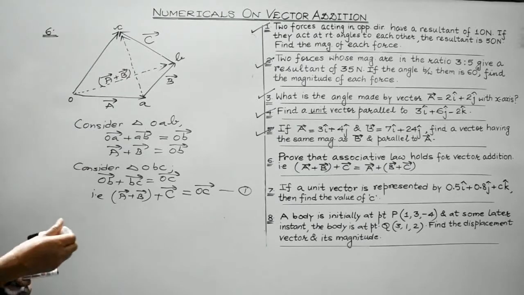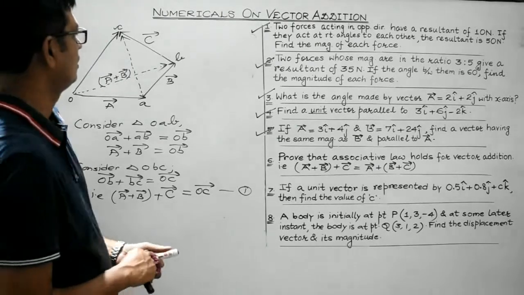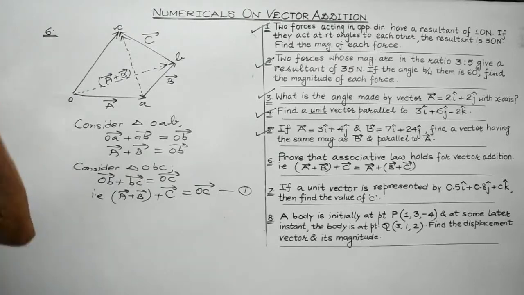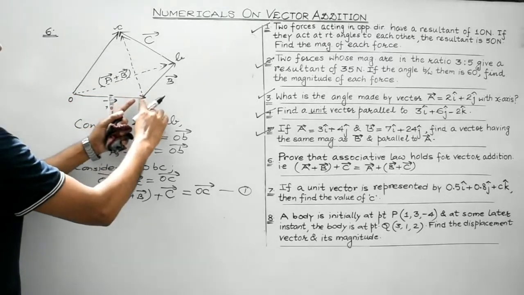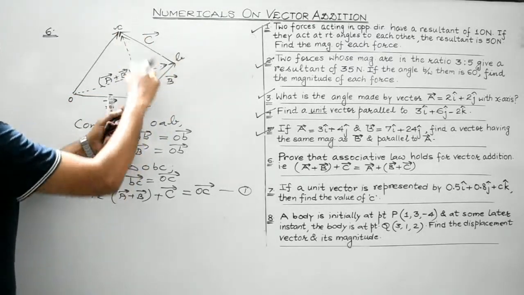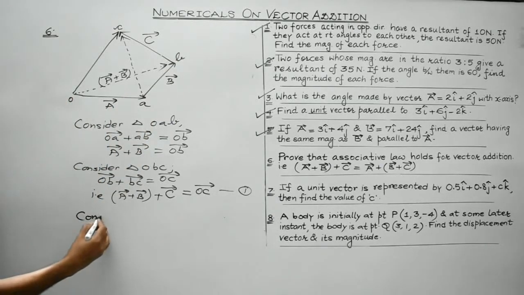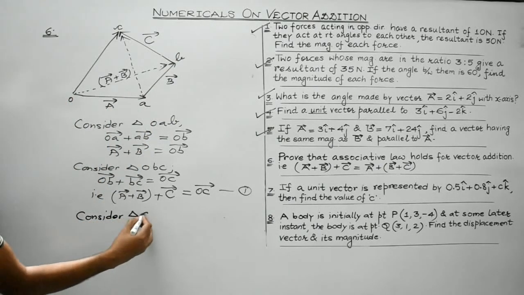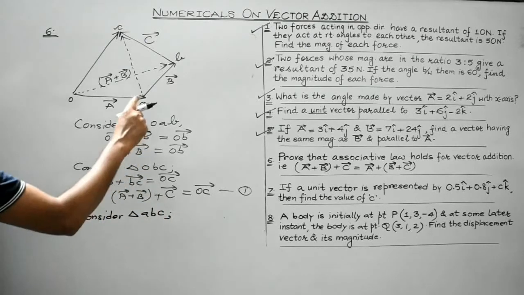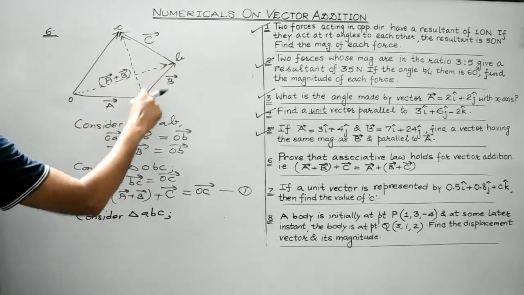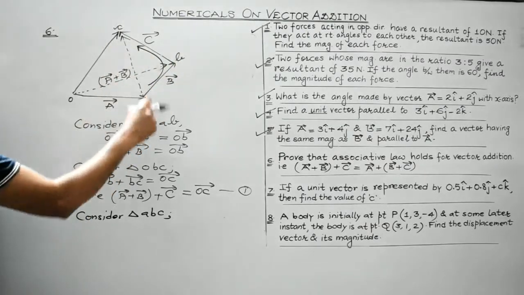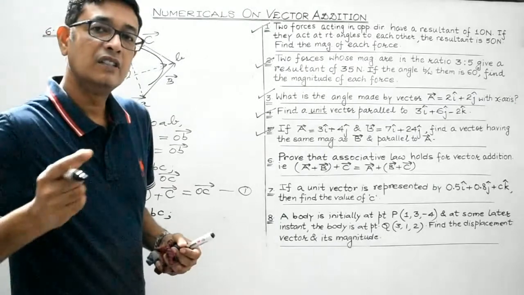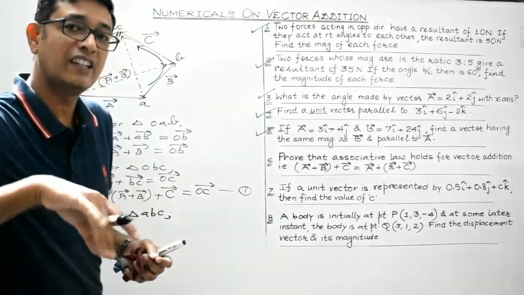Now what to do is, the same result can be obtained by considering different triangles. So we can consider this triangle as well. Now look, consider this one, triangle ABC. Now students, in this particular triangle ABC, these are the two sides of the triangle taken in the same order. So their vector resultant will be given by the third or the closing side of the triangle taken in the opposite order.